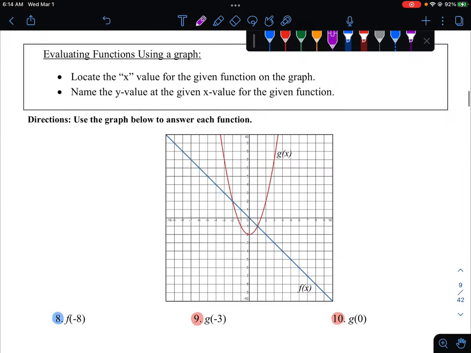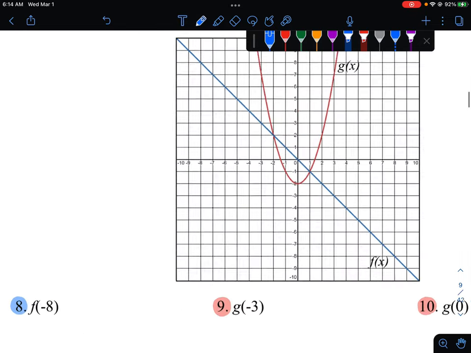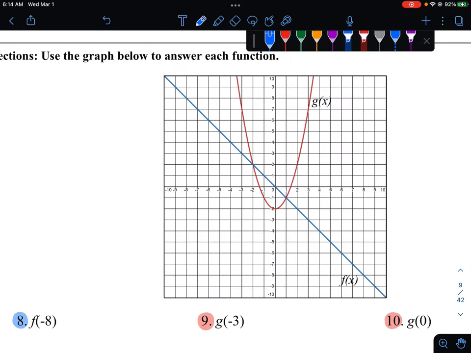Now we can also look at a graph. Again, here I go to my function. I have my blue function f of x, my red function g of x. And the first one I'm going to look at is f of -8. So I go to -8 on the x-axis, and I go directly vertically to my f of x function, which is right there. And that appears to be at 8.